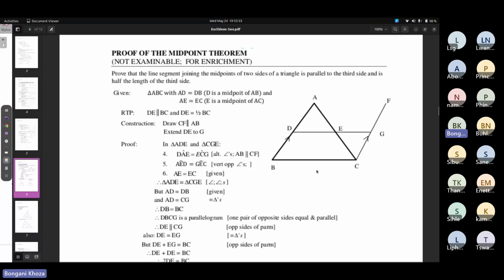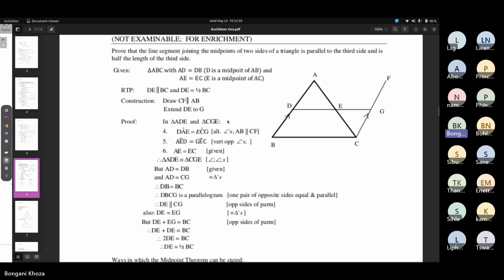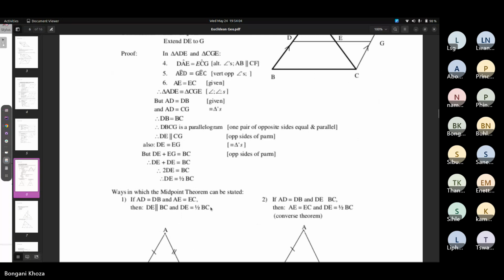That's the midpoint theorem. If you have a segment joining the midpoints of two sides, then that segment is parallel to the third side. This is the proof for it, but like they said, it's not examinable, so they won't ask you to prove the midpoint theorem. You can go through this just to see how proofs are done.